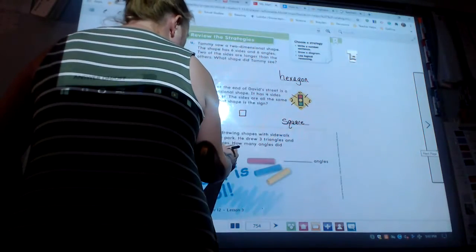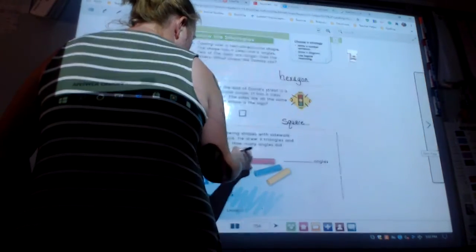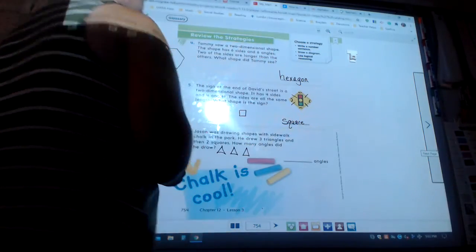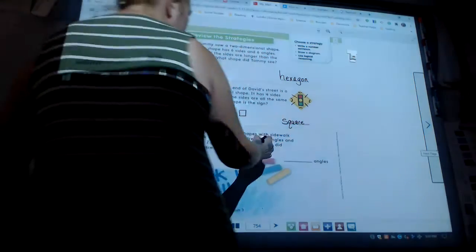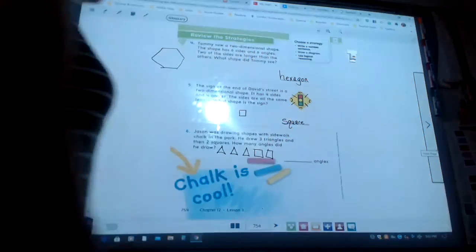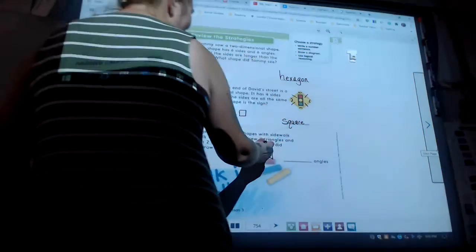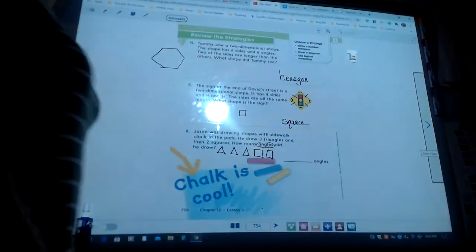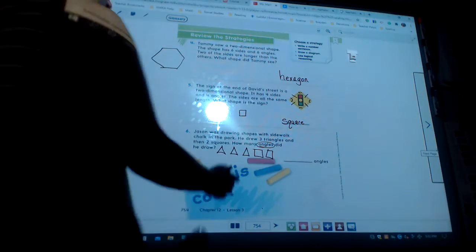He drew 3 triangles. 1, 2, 3. And then he drew 2 squares. 1, 2. Now it's asking about angles. Remember, angles are the corners.